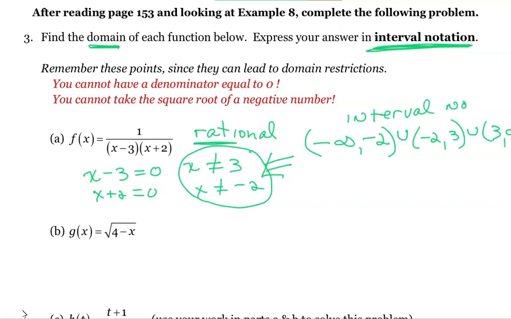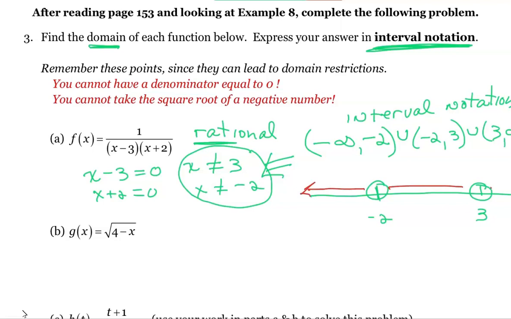So maybe we're not going to give you the function, but we will definitely give you either the x's you cannot equal, or we might give you this instead. Number line, negative 2, positive 3, open circle, your domain is going to look like this.